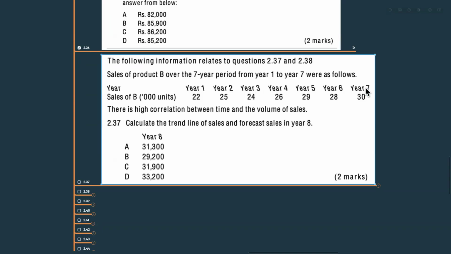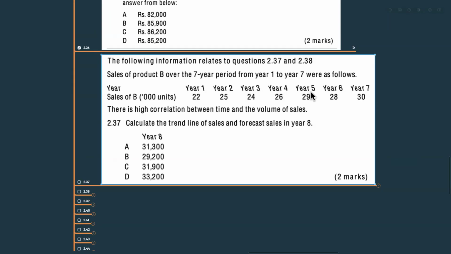Calculate the trend line of sales and forecast sales in year 8. So this forecasting value is the Y value. The sales of B, 22,000, 25,000, these are Y values because we are going to estimate these numbers.